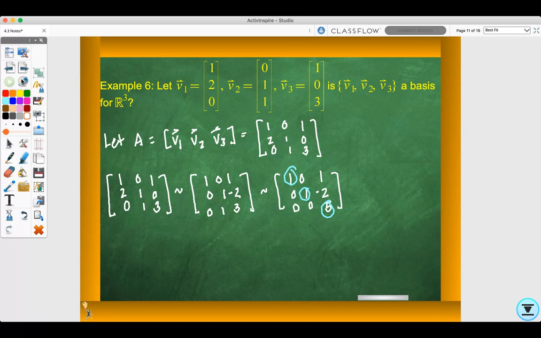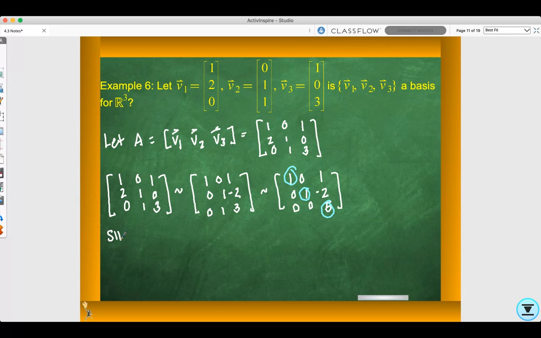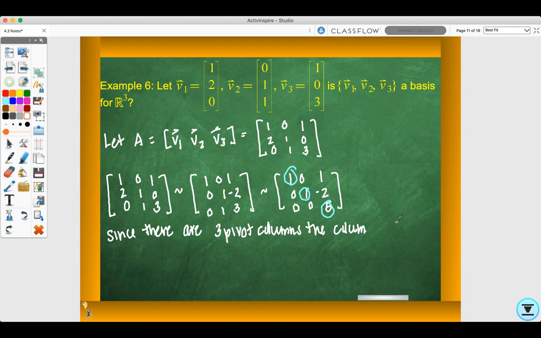So since we have 3 pivot columns, the columns of A are linearly independent. And they span R3.